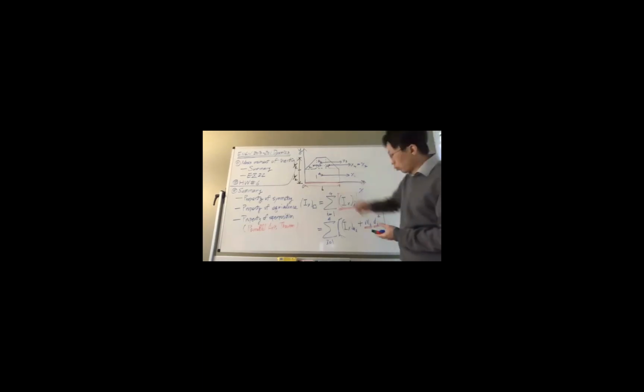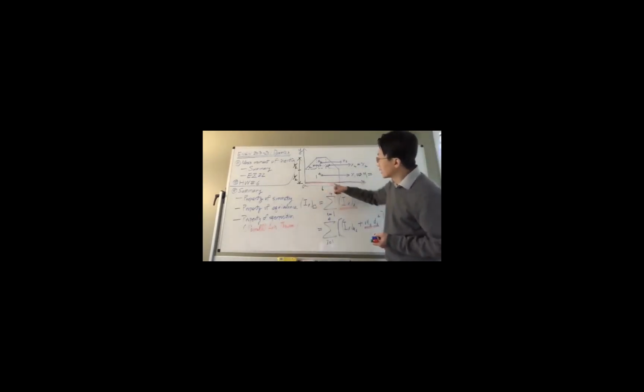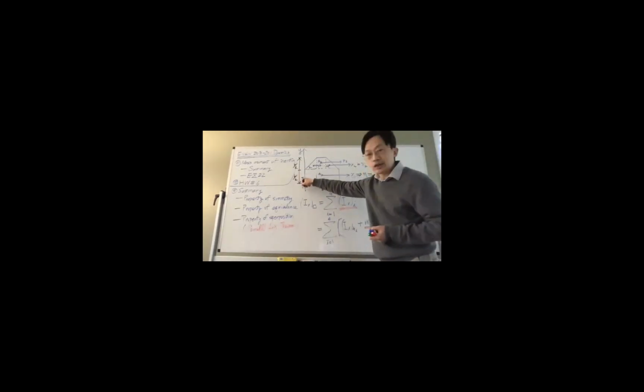For shape 1, please tell me what is the corresponding d. And what is M1? We don't know M1. So, to tell you, this length is b and the height is h over 2.